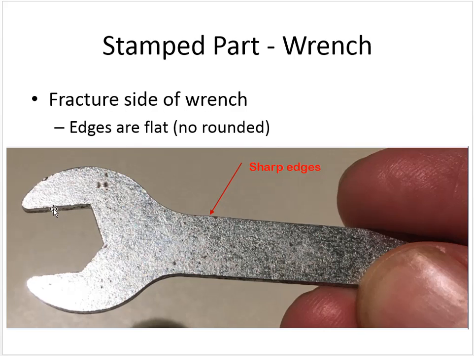You can see the fracture side here, and the edges along the outside of the part are nice and sharp. You'll notice this, unless those edges have been cleaned or ground, which probably isn't done on washers, if you look at pretty much any stamped part.